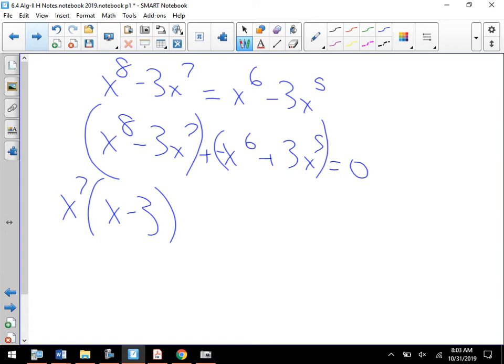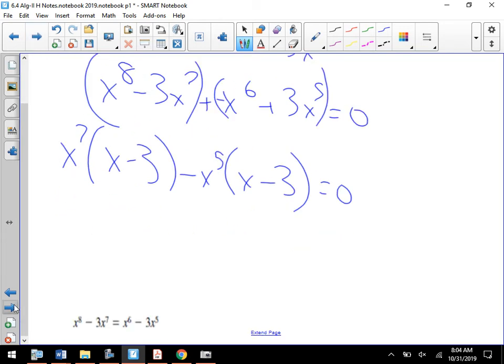X to the 5th, good. So I take out the minus x to the 5th, and now I have x minus 3. So far, so good? Okay. Are the two things in the parentheses the same? Yes. That's very good. So we have x minus 3 and x to the 7th minus x to the 5th.